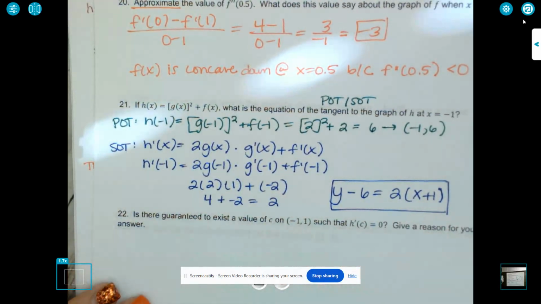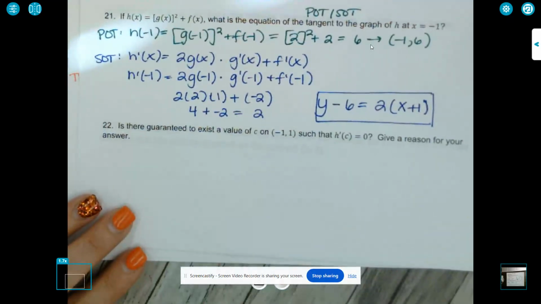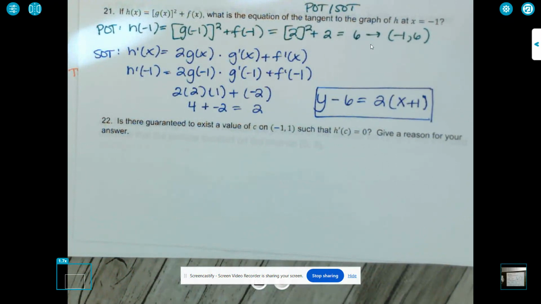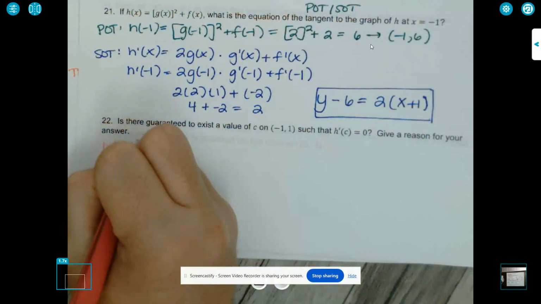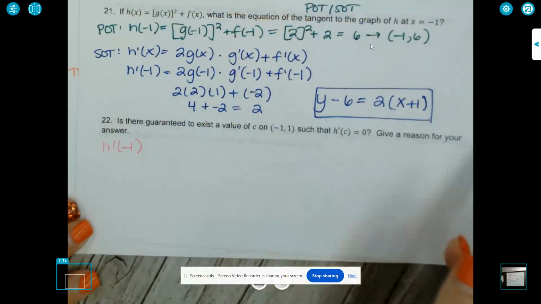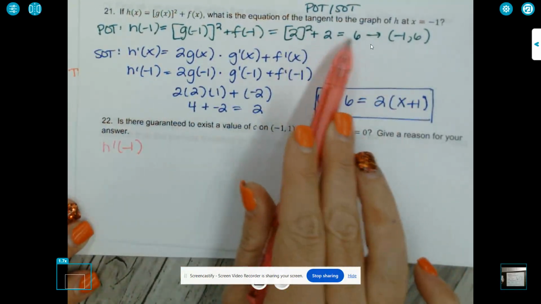All right, last problem. Is there guaranteed to exist a value c on [-1, 1] such that h prime of c equals 0, and give a reason for our answer? Let's see what we've got. Let's find h prime. h of -1 we found up here to be 6.